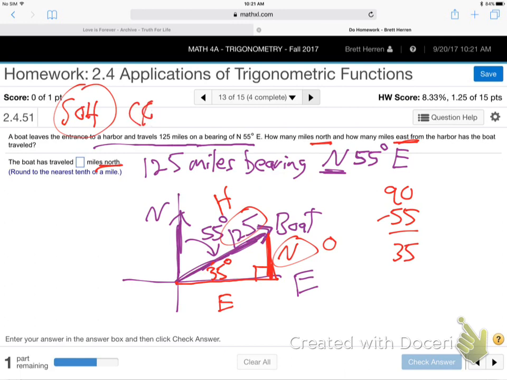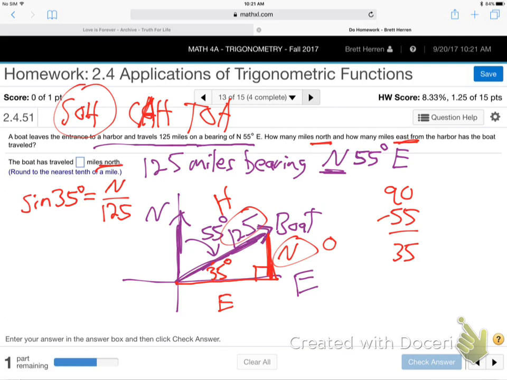It's not cosine, so SOH here. So anyway, it's sine. So sine of 35 degrees will be opposite, will be the northern component over the 125, won't it?